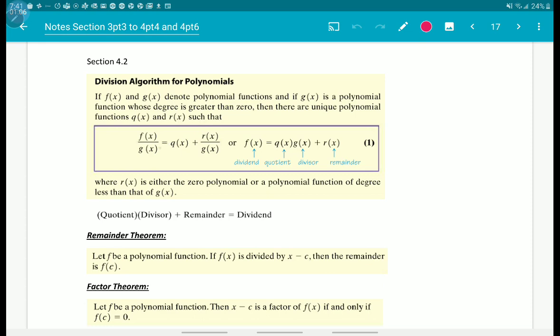Depends on if this is actually a factor of f of x. So we're going to get the quotient, and we could rewrite this as the quotient plus the remainder divided by g of x. Or if we were to multiply both sides by that g of x, we could rewrite it as the quotient times the divisor plus the remainder.